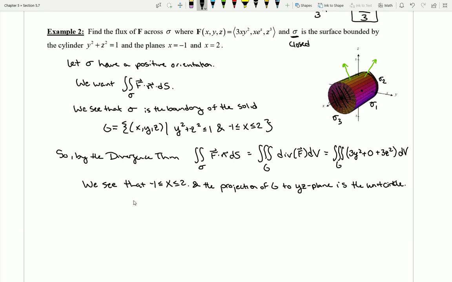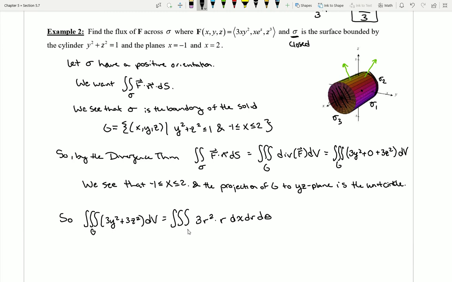And so then I know how we could represent that. I can state that my triple integral over G of 3y squared plus 3z squared could instead be re-expressed as my triple integral where 3y squared plus 3z squared is rewritten as 3r squared, and then I'll do r dx dr d theta.